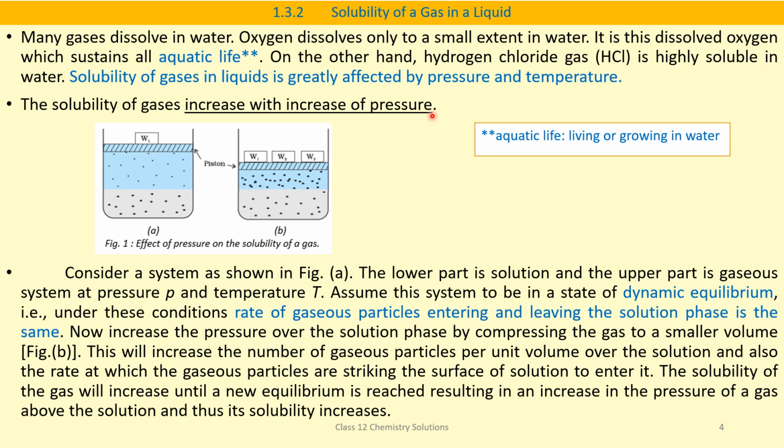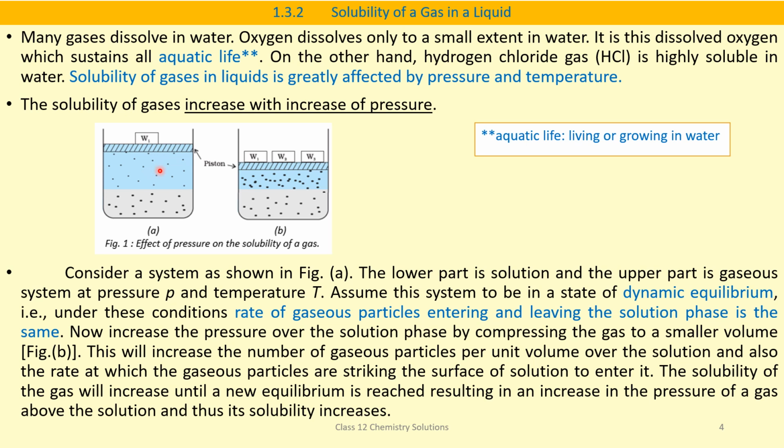Consider a system shown in figure A, the left part of the figure shown on your screen. The lower part is the solution and the upper part is a gaseous system at pressure P and temperature T. Assume this system to be in a state of equilibrium.